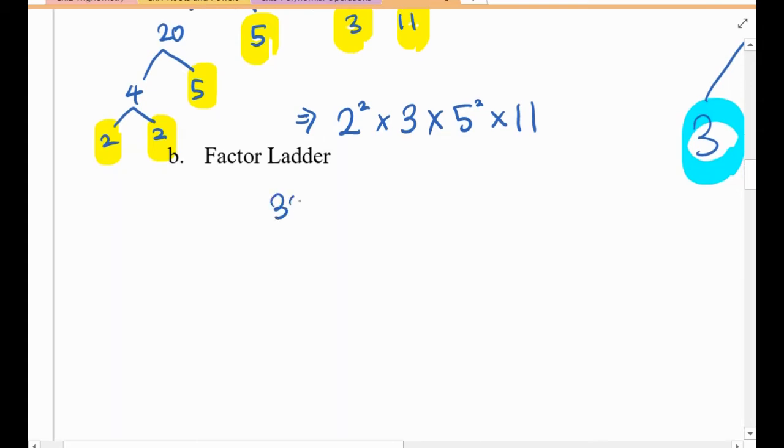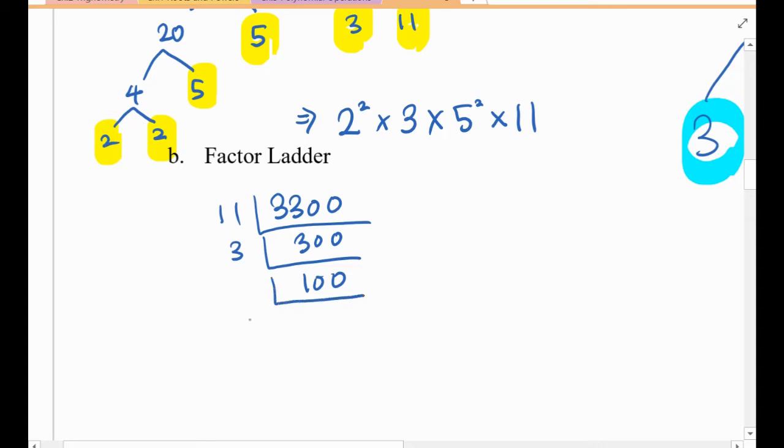Or we can also use the factor ladder. What number do you like to use? I'm just going to do 11. Then that will be 300. After that, I'm going to use 3, and that becomes 100. And then I'm going to use 5.